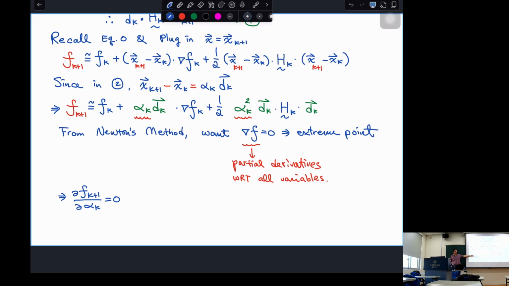We want this to be 0 as well. So all the partial derivative terms with respect to all the variables should be 0. Okay? So how does it look like when we do this?